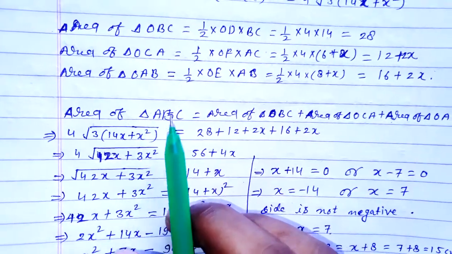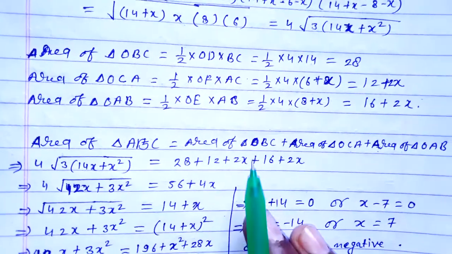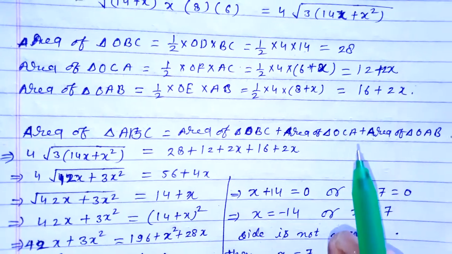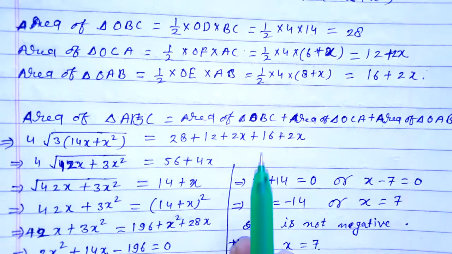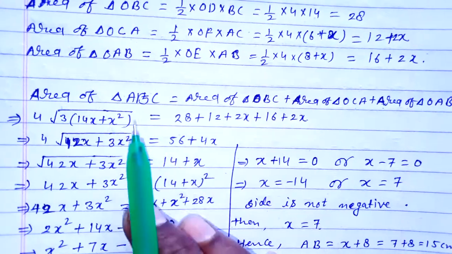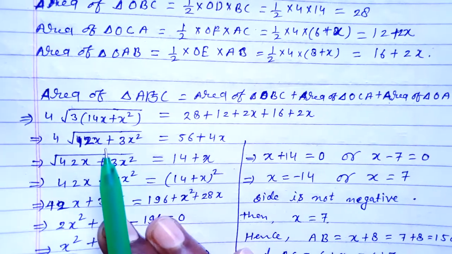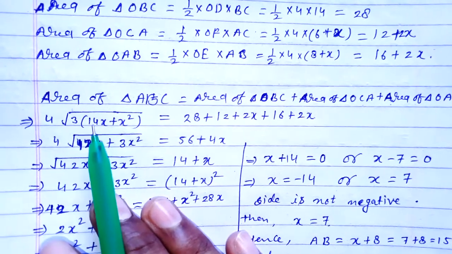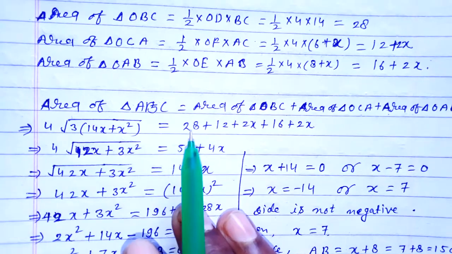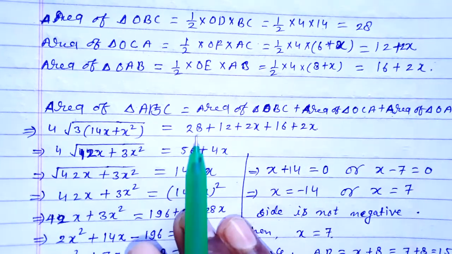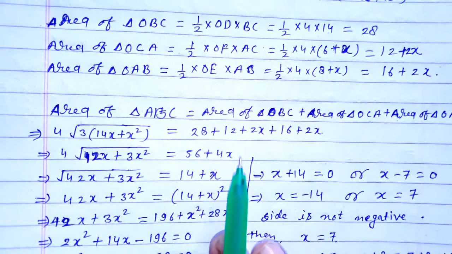So the area of triangle ABC is equal to the sum of the areas of these triangles: area of triangle OBC plus area of triangle OCA plus area of triangle OAB. Put the values of these areas here and here. Multiplying by 3, this is 42x and this is 3x squared, and the total is 16 plus 12 plus 28, which is 56, and 2x plus 2x is 4x.